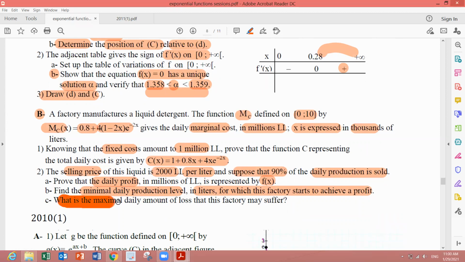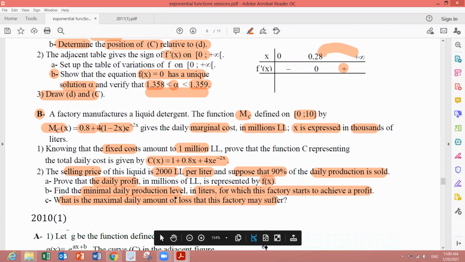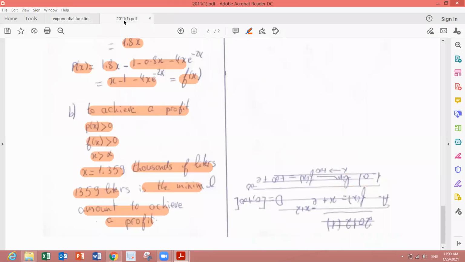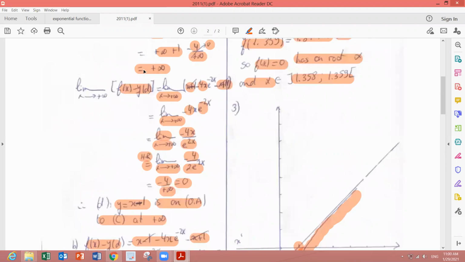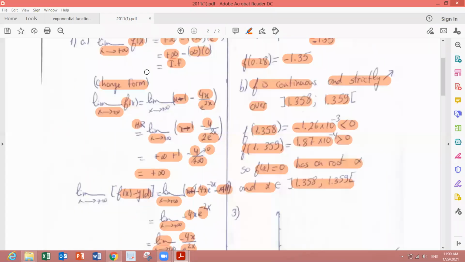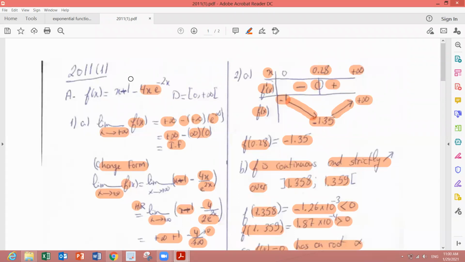What is the maximal daily amount of loss that this factory may suffer? How do we find the maximum daily amount of loss? Now f(x) is the profit. Where is the profit lowest? This f(x) is the profit. What is the minimal amount of this profit?